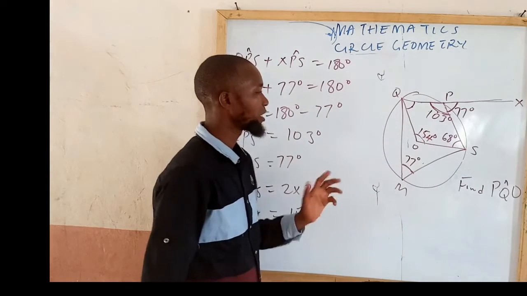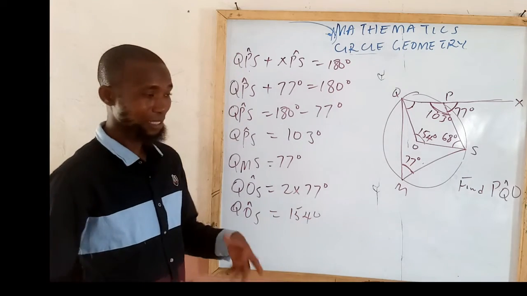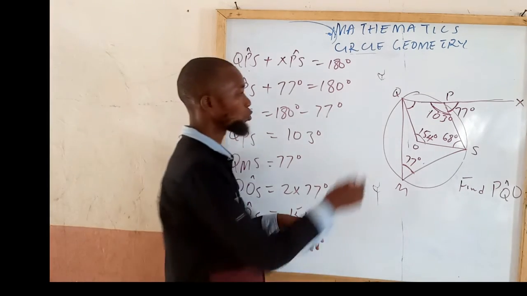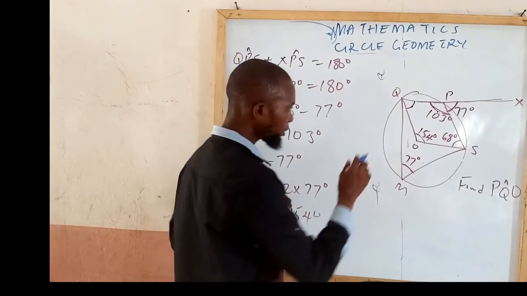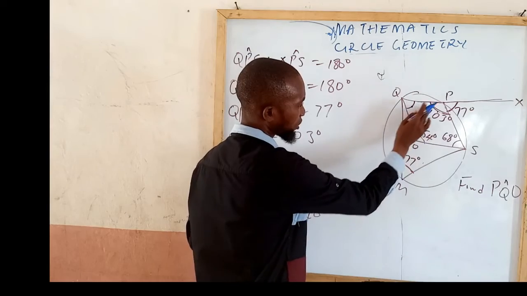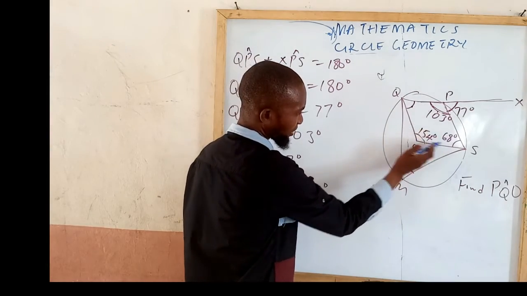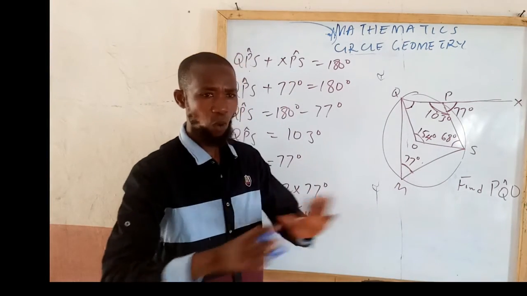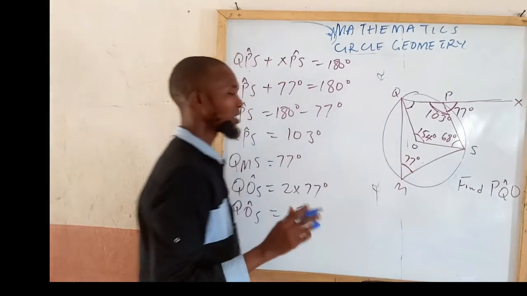So I haven't gotten this yet. We've exhausted all the circle theorem properties that can be used. To get this, all we have to do is this. We can say the addition of everything in this quadrilateral here, which is not a cyclic quadrilateral but an ordinary quadrilateral, is equal to 360 degrees.